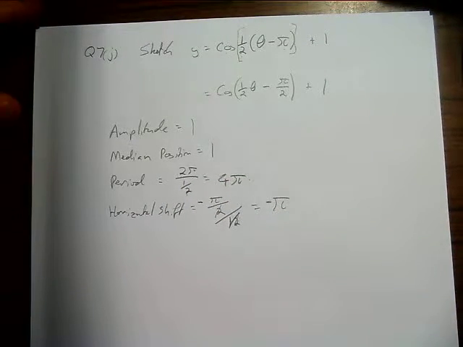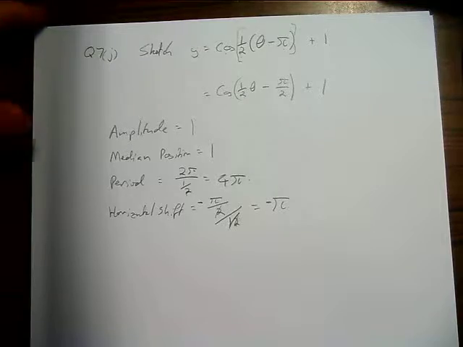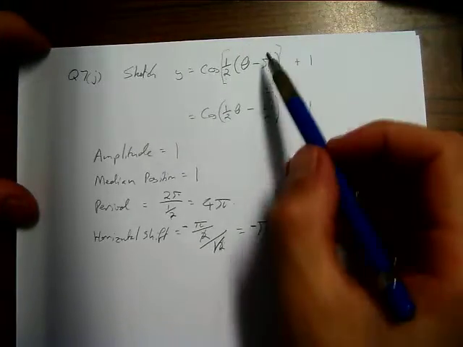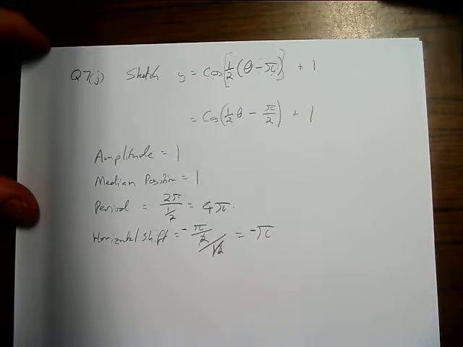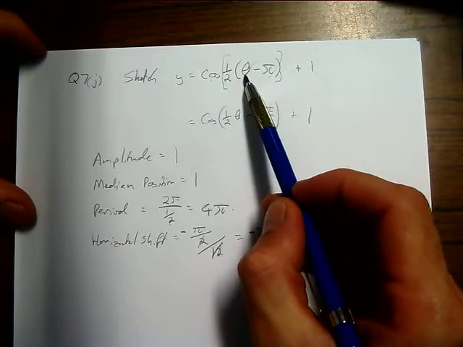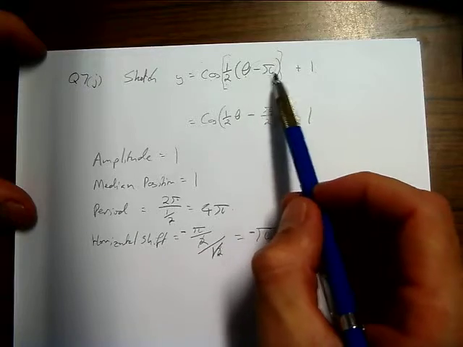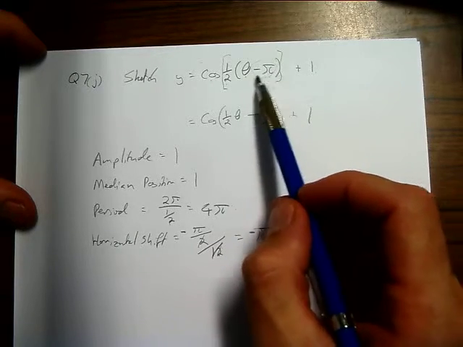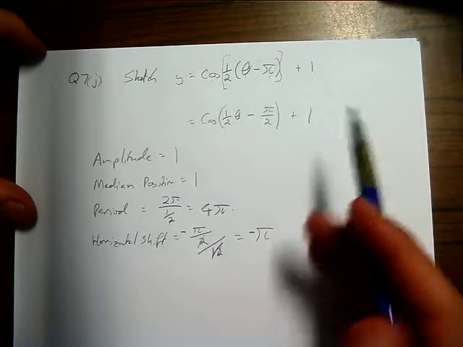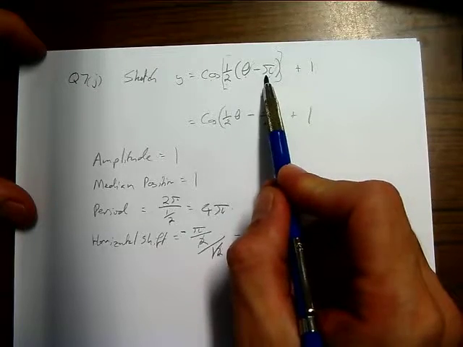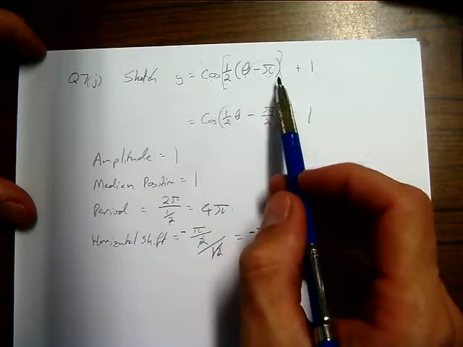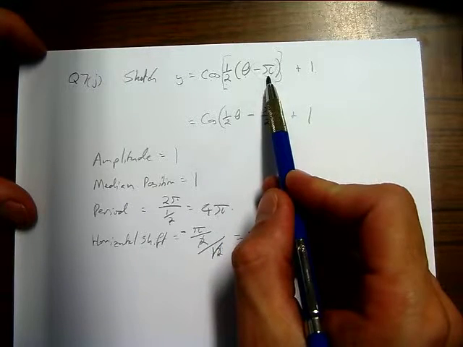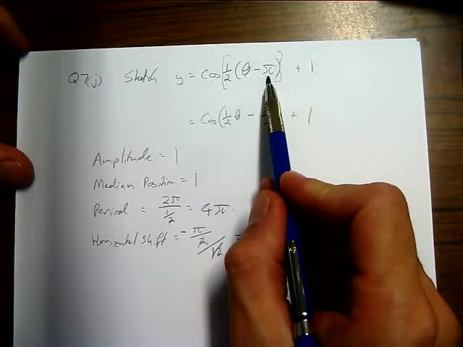So what's interesting about that value is that, look up here, this is what we originally had. So we saw yesterday where we replace the variable with the variable take something or the variable add something, that gives us a horizontal shift of that variable. So because it is in this form here, we could possibly jump straight to this and go, well, that's the horizontal shift.